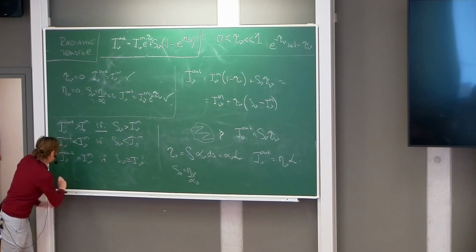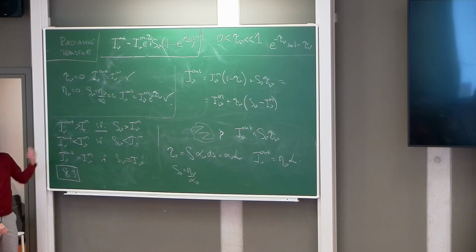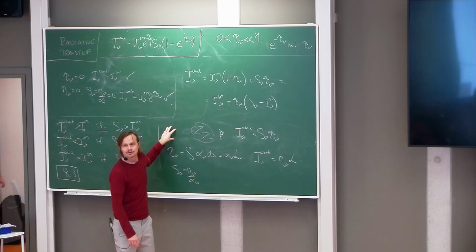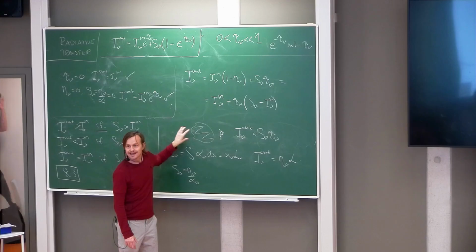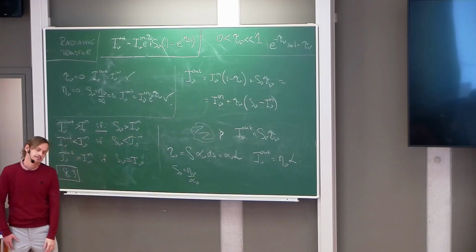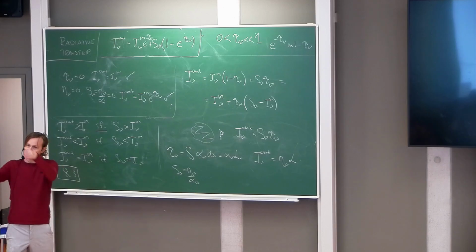Now, in application 8.3, we will use and extend this simple way of thinking, whether the intensity that reaches us is higher or lower than the background source, to explain various objects characterized by emission lines and absorption lines.